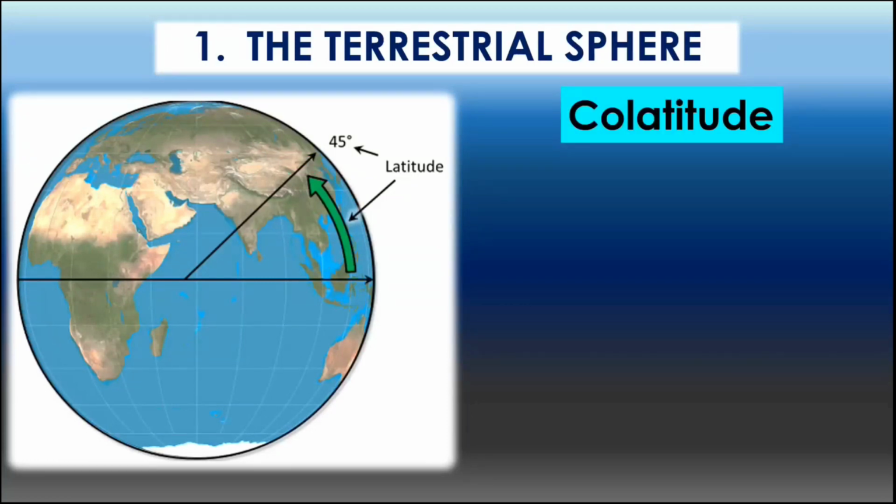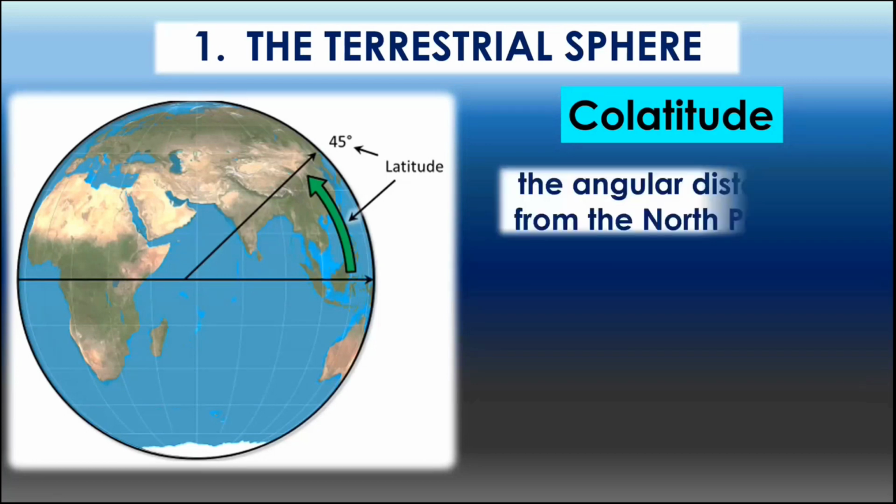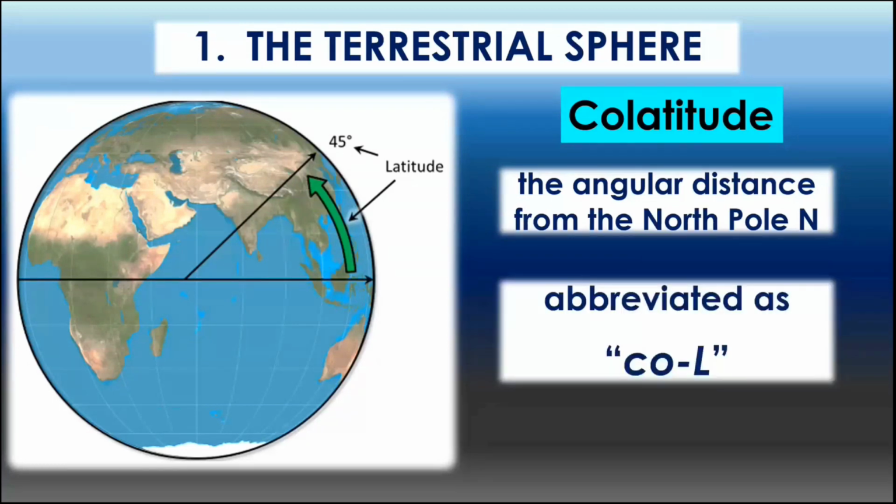Next, we have what we call the colatitude. The definition of colatitude is the angular distance from the North Pole. In this illustration again, if we have the point here and the point has a latitude of 45 degrees north, the colatitude is from the north going to the said point.